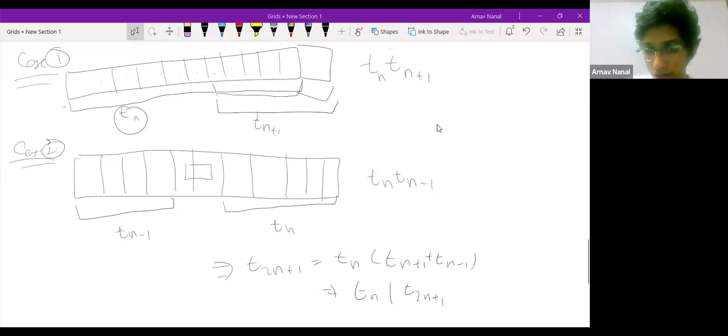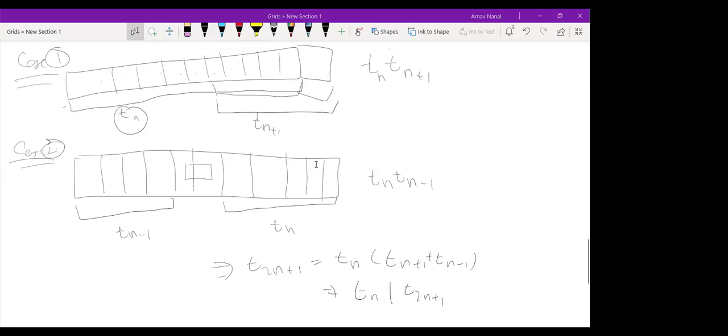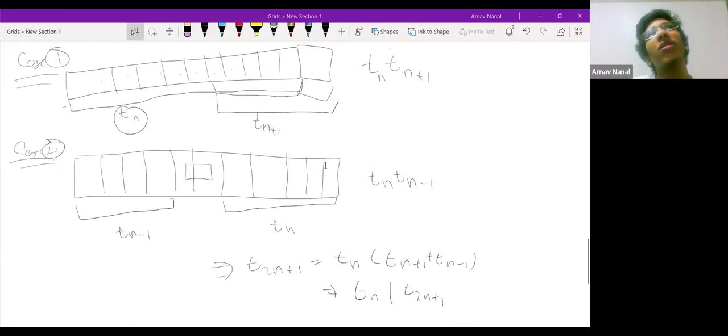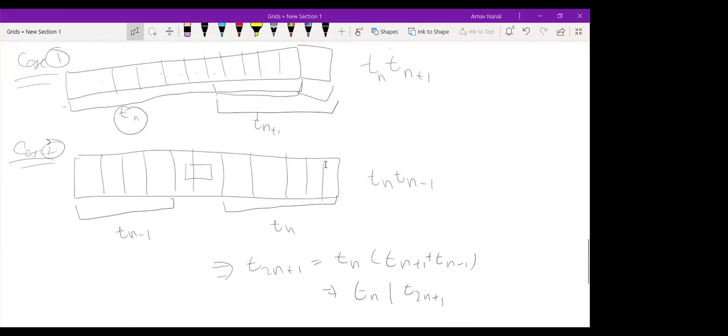I think it should be times T of n times T of n minus 1, because there's one where it's in the center and the right half, and center and the left half, and that gives two distinct possibilities. Because the domino can cover the center and the square in the right half, or the center and the square in the left half.